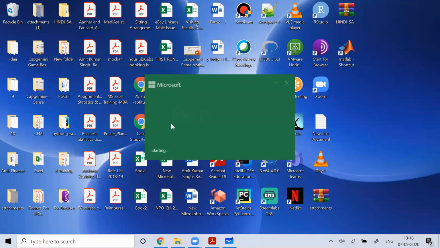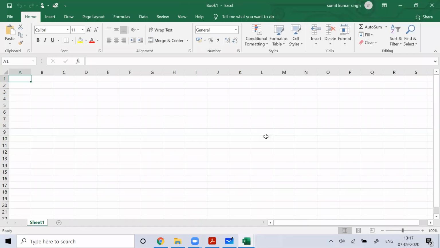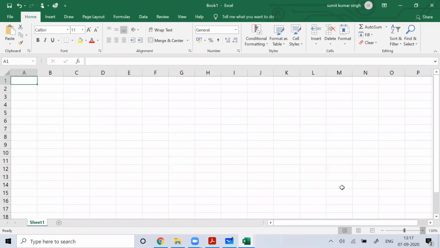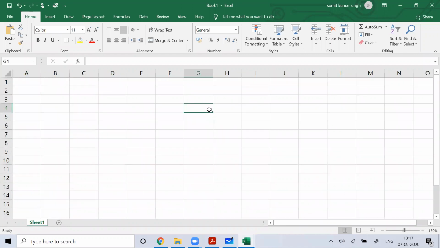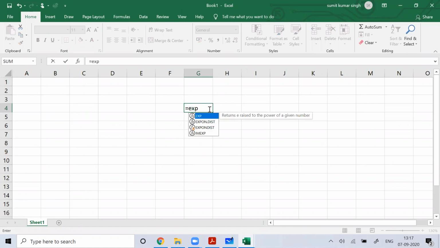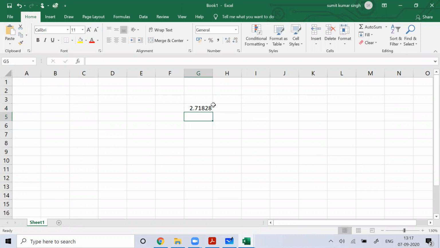In MS Excel, we represent e with EXP. If you write EXP of 1, you can see 2.71828.